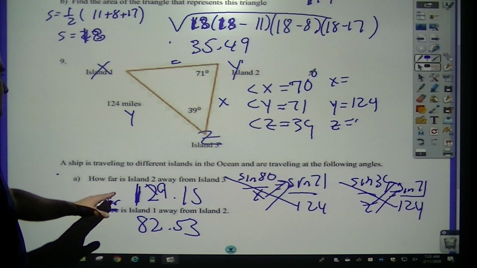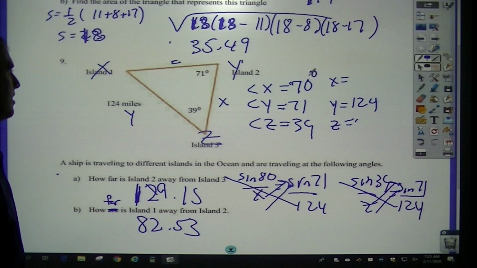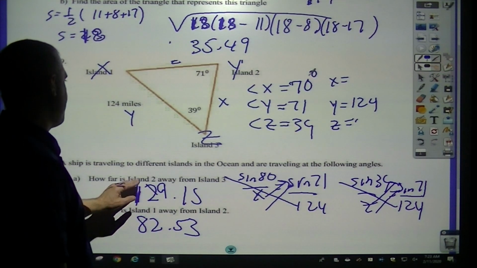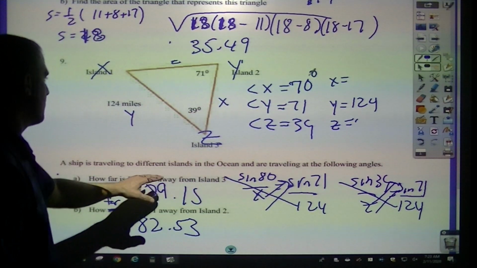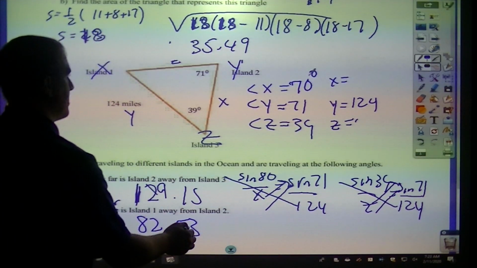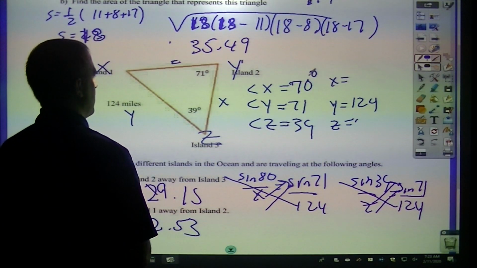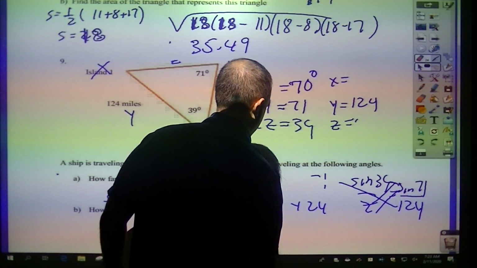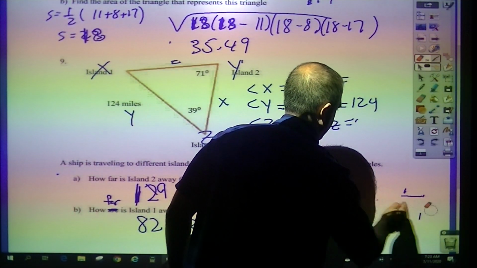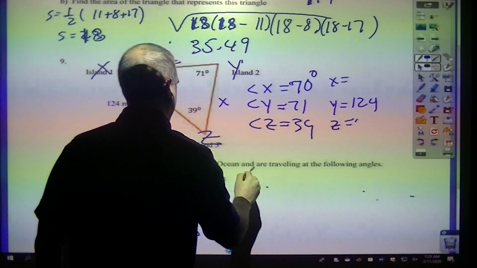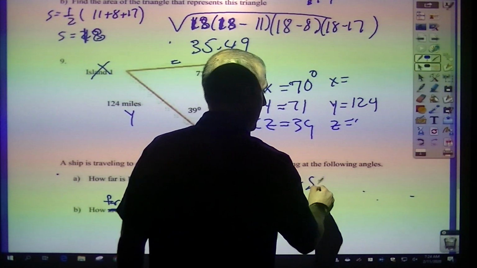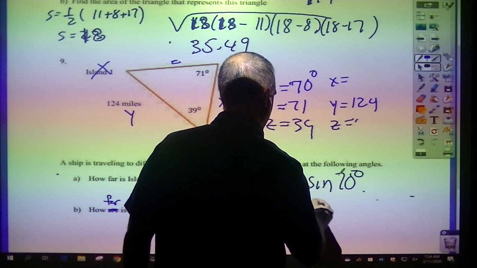Is that right? Yes, that is correct. So what we want to do is find how far island 1 is from island 2. I think the easiest thing would be to take what they gave you, sine of 71 over 124, and set that equal to sine of 70 over x.